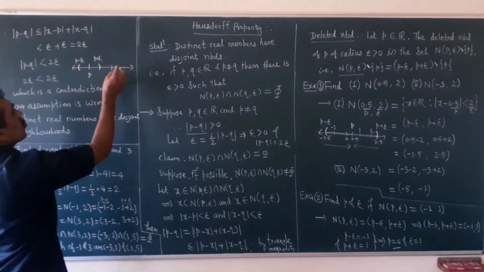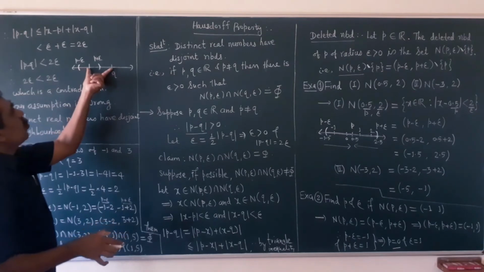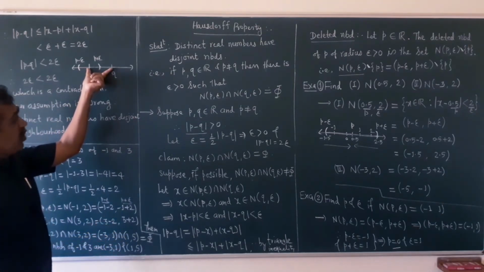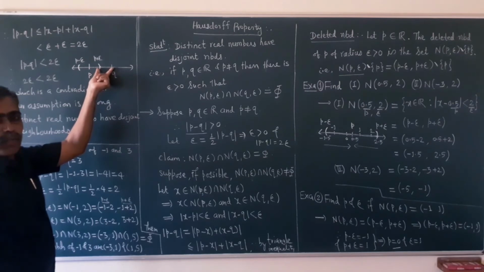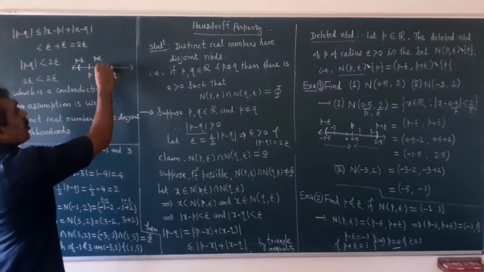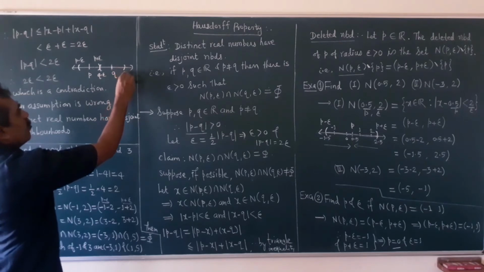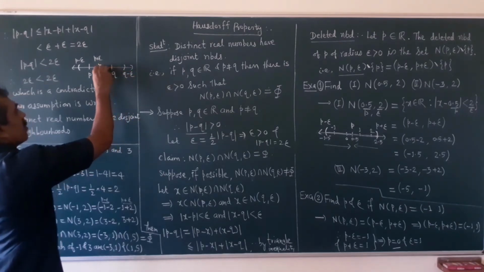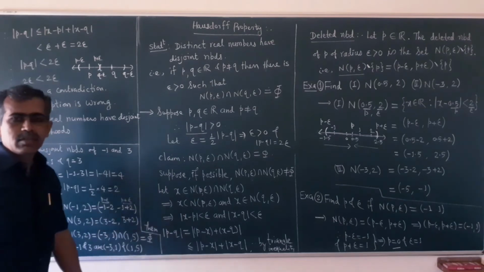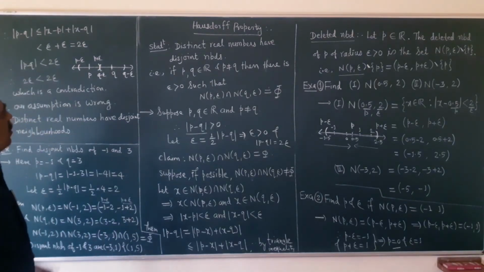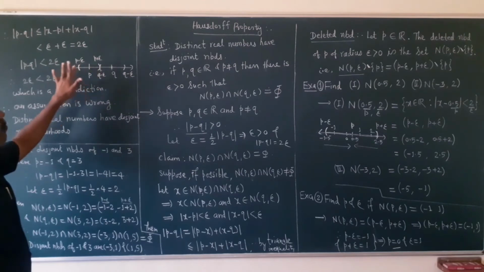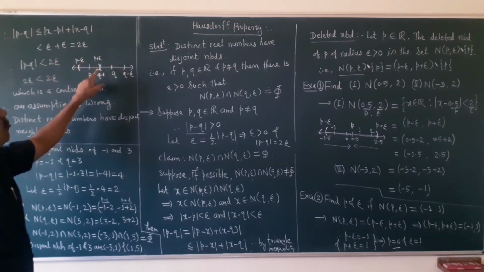Now if I choose half of the distance between P and Q, and take the neighborhood of Q of this much radius, then this point will be Q minus epsilon, and here will be Q plus epsilon, right?